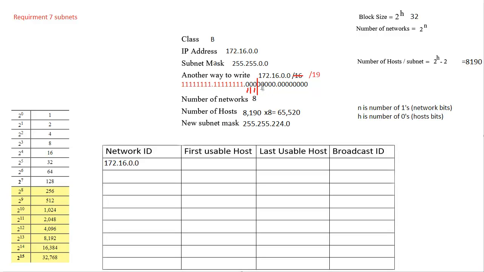You see, notice one thing, that in this octet ones and zeros are mixed. So we always work with this octet and we will add 32 in this octet. So the next network ID is 172.16.32.0, and for the next network ID again we will add 32 in the third octet. So every time we will add 32 and we will get the next network ID.